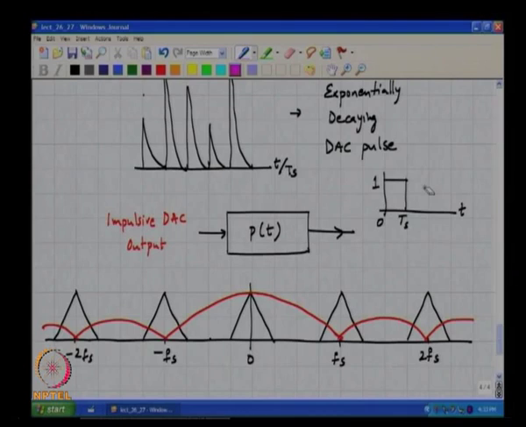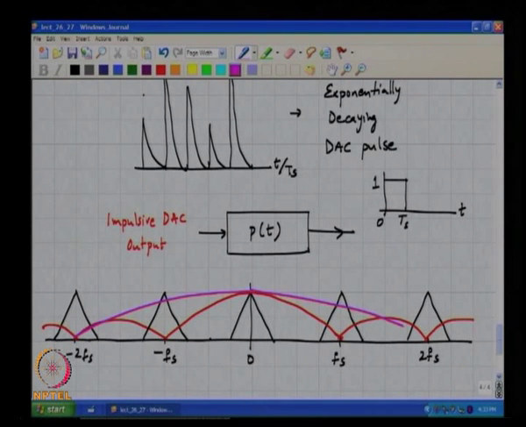So, that way you will have a pulse whose DC gain is the same, right, and whose frequency response will look like this.